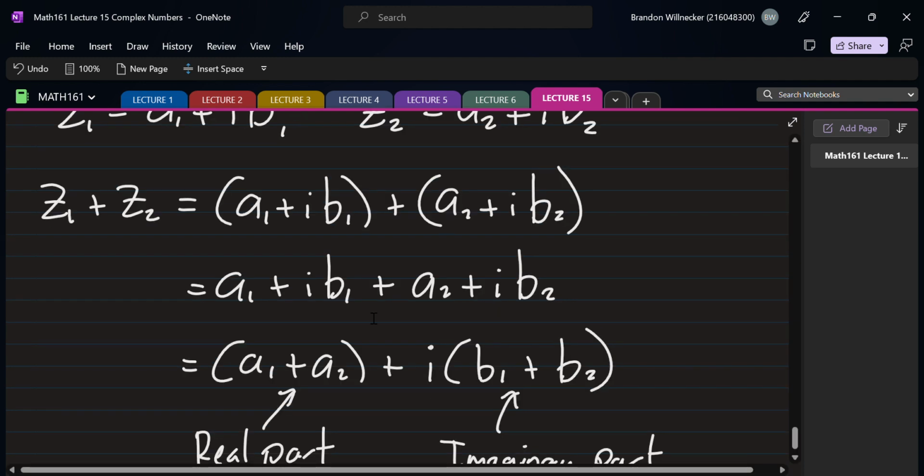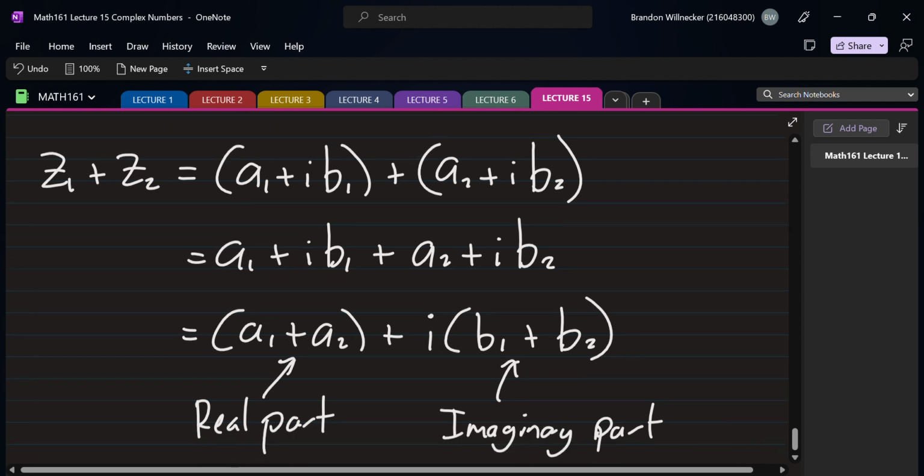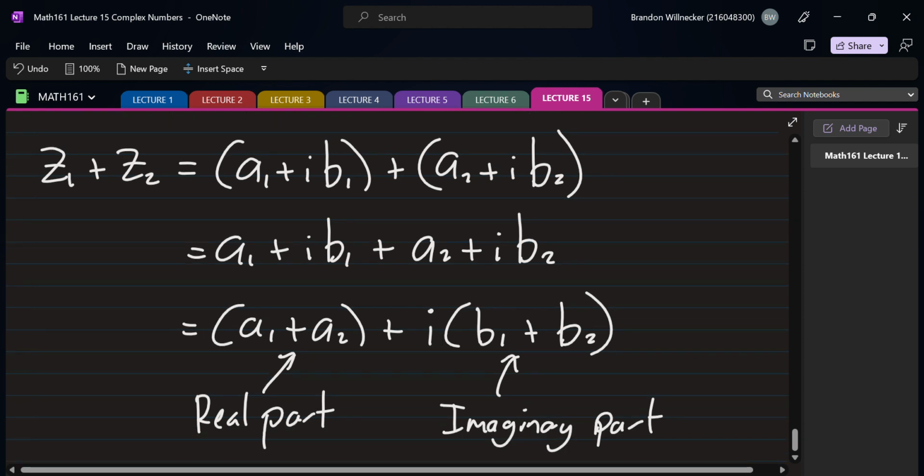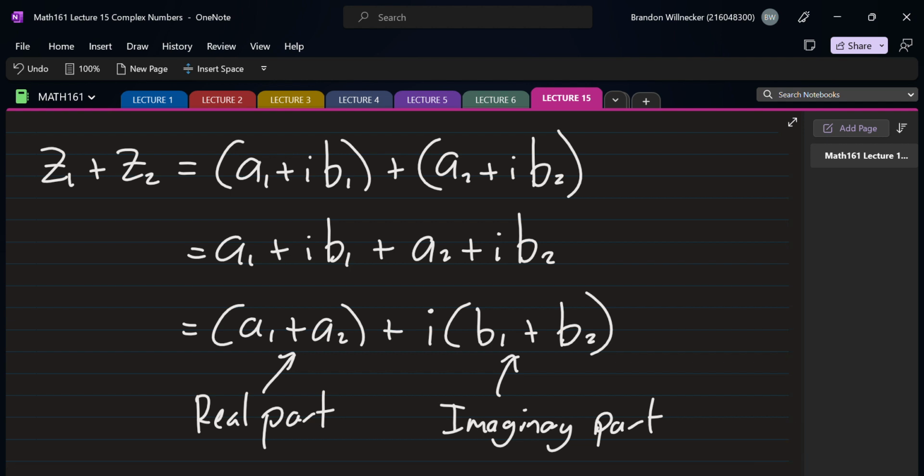So if we look in the brackets now, we see that if we have Z1 + Z2, then the real parts add together, plus i times, and then the imaginary parts add together. So, quite simple. If we add two complex numbers, the real parts will add, and the imaginary parts will add. Again, separately.